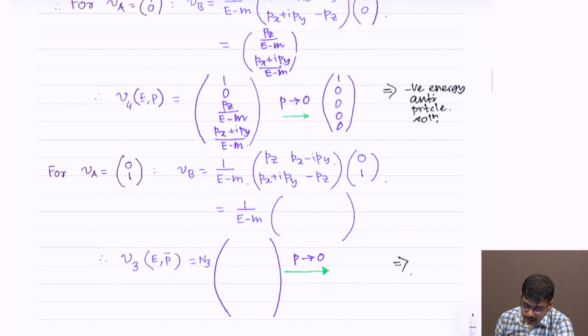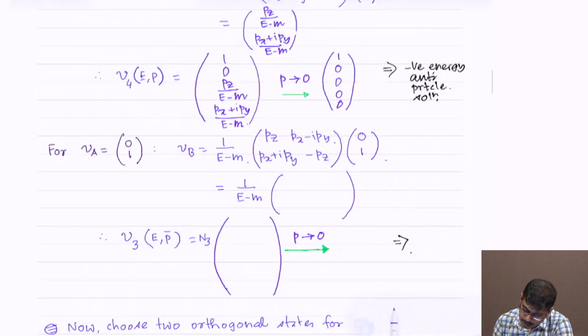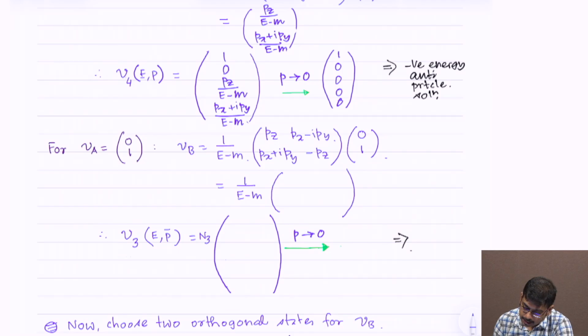Let us do the next job, for Va equal to 0 1. We do the same thing: Vb equals sigma dot p by E minus m times Va. Do this matrix multiplication. This is going to give you Px minus Ipy here, and minus Pz here.